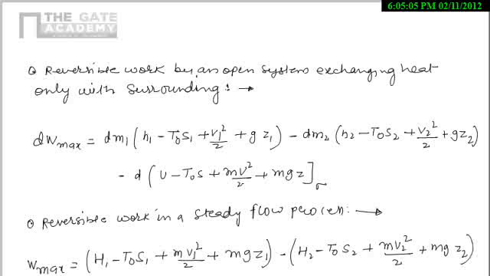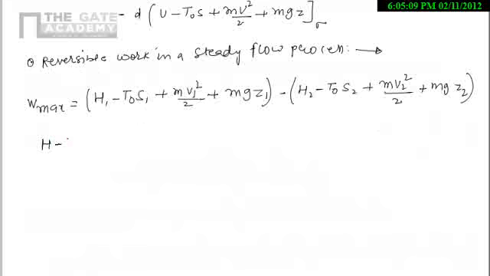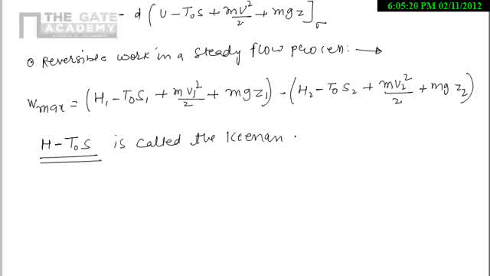So here there is a very important function I am defining. The H minus T0 S is called the Keenan function. So remember this thing, sometimes in GATE they are asking about the function.